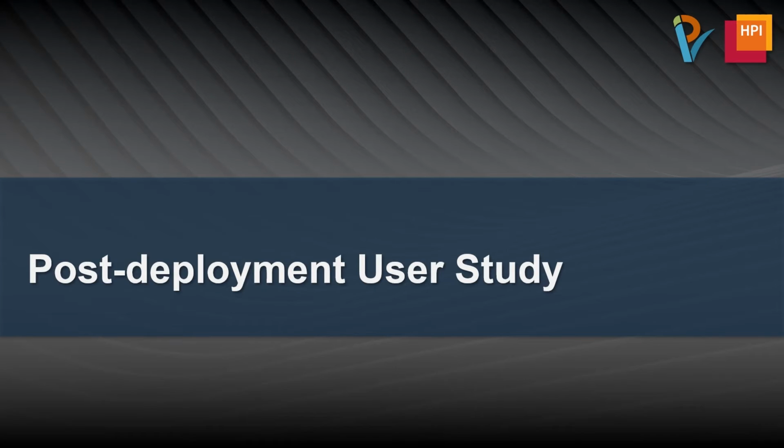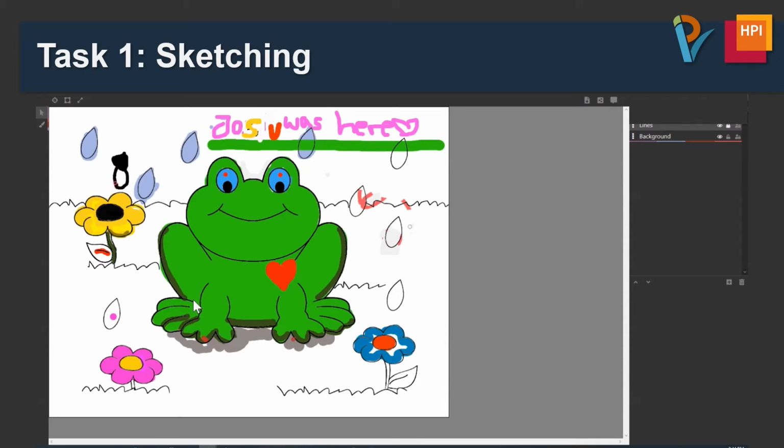To understand whether our strategies regarding communication and synchronization achieve the desired collaborative possibilities, we performed a post-deployment user study. Participant groups were asked to perform 3 tasks that cover the main functionality of our editing system. For the first task, we provide a blank background layer and a second layer containing a coloring book template. The participants were asked to color the template using the brush tool.